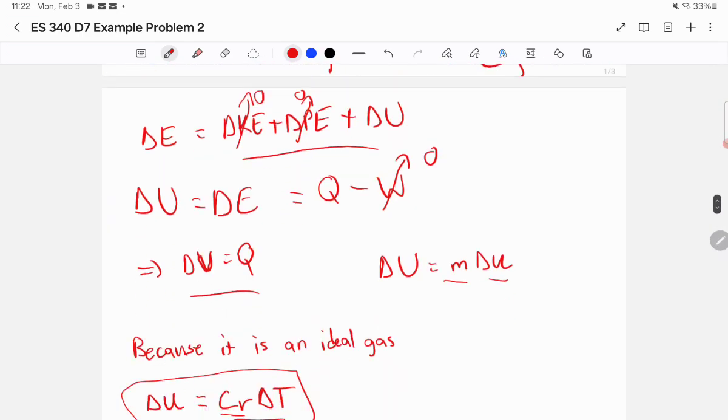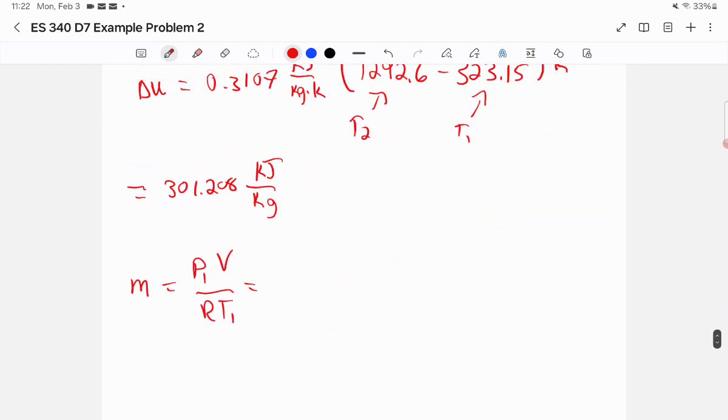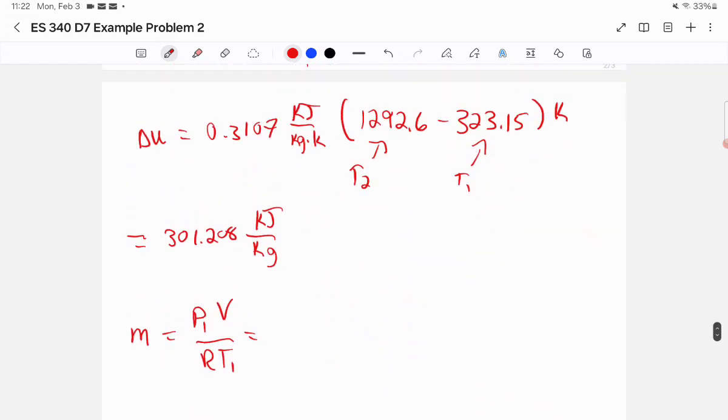So 1 bar is equal to 10 to the 5th newtons per meter squared, and that means it's also equal to 10 squared kilonewtons per meter squared, which is going to be more convenient for us because we want things in terms of kilojoules.